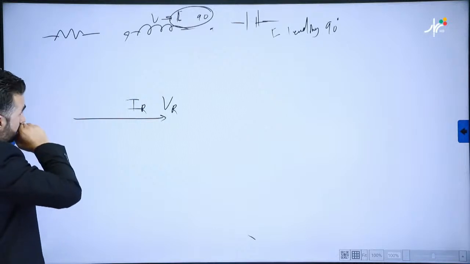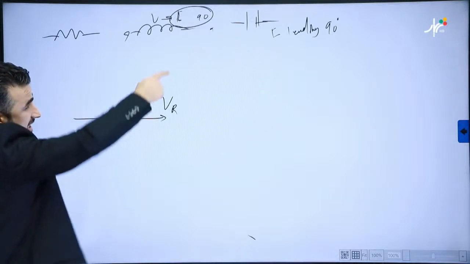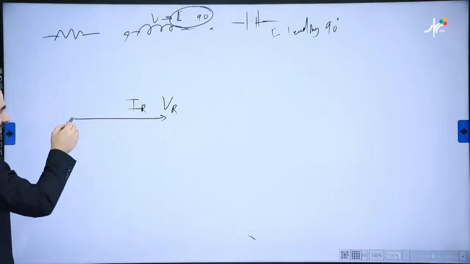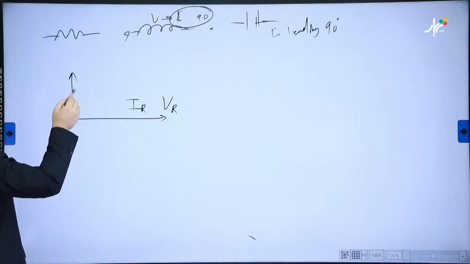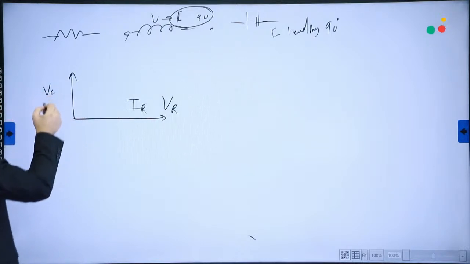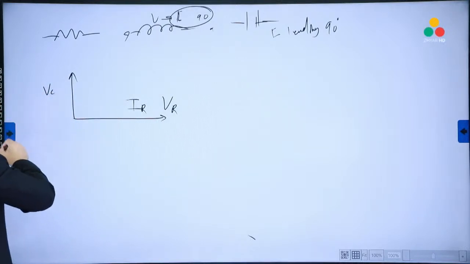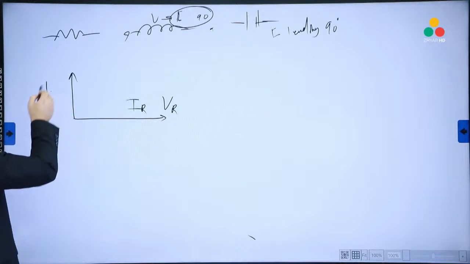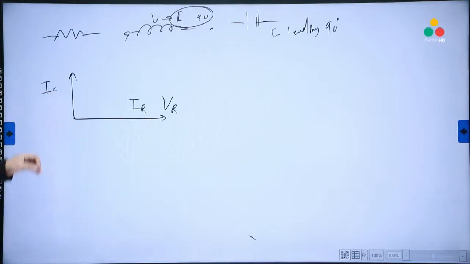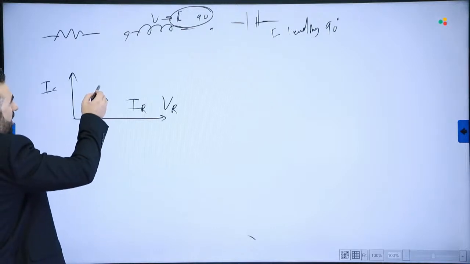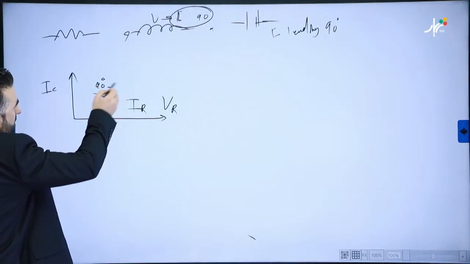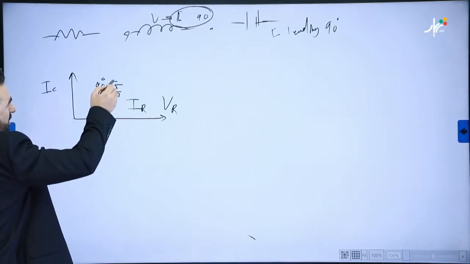So in order to say that the current is leading for the capacitance by 90 degrees, here's what we're going to do. This one, of course, is going to be IC, not VC, my bad. The current IC is going to lead by positive 90 degrees, or you could just say pi over 2, positive here.